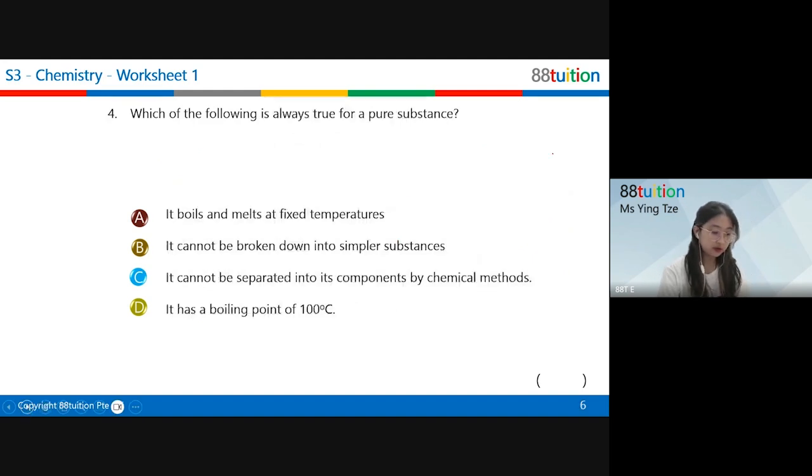Okay, now the fourth question: which of the following is always true for a pure substance?